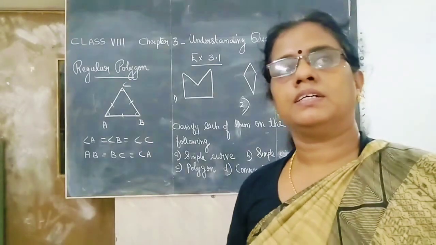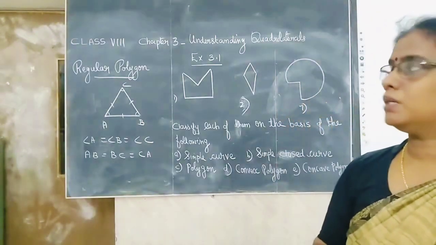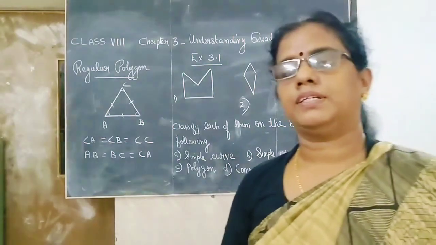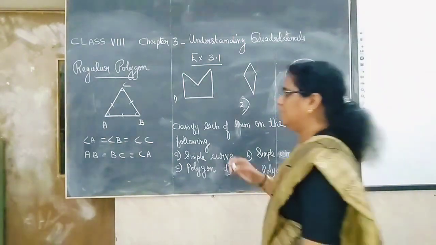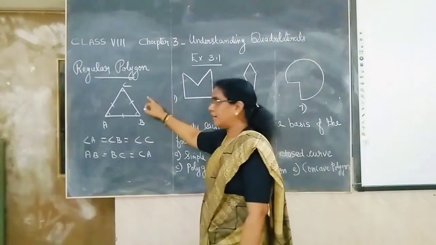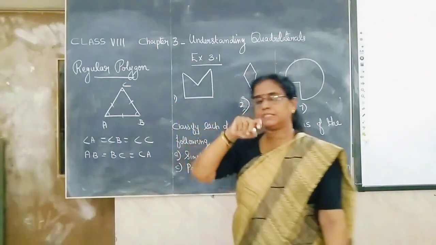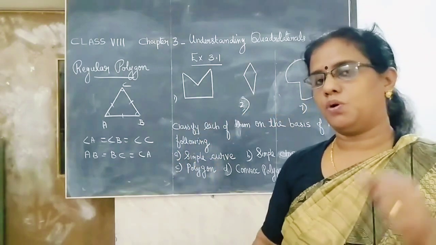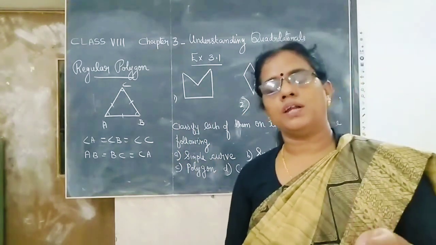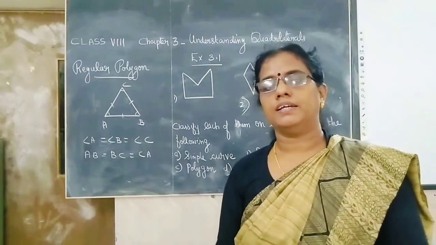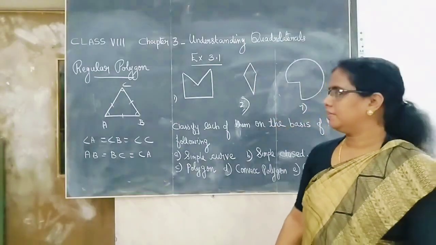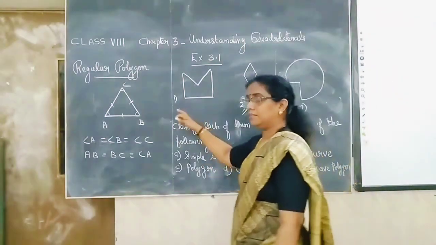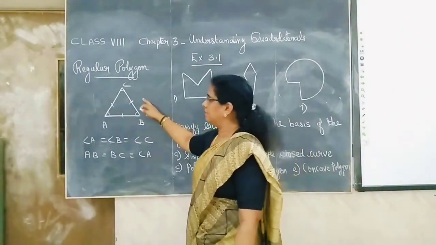Now we will discuss the next point, regular polygon. That is, if in a polygon all the sides and angles are equal, it is called a regular polygon. All sides and all angles are equal in a regular polygon. Here I have drawn the three-sided polygon, that is a triangle.